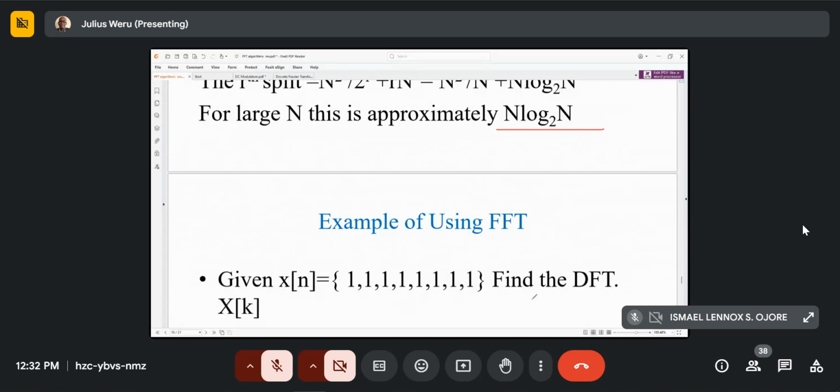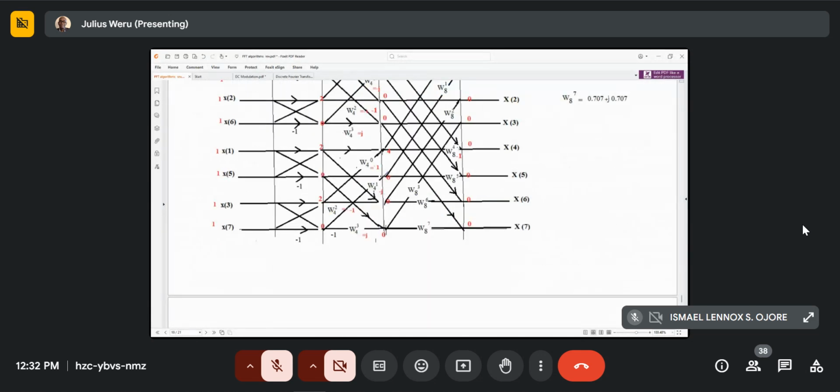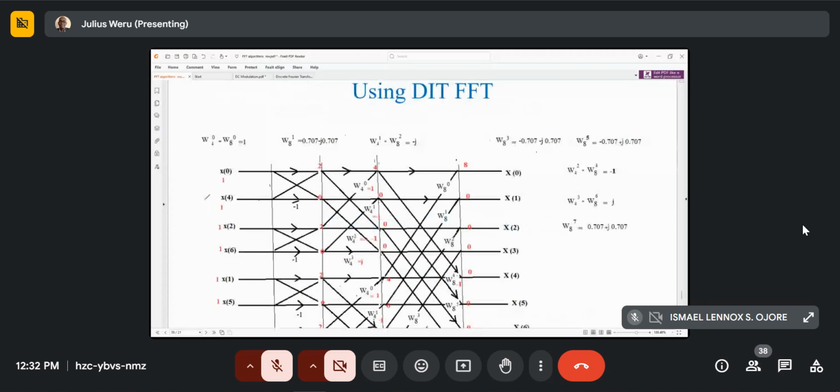Very good, very good. Now, how we use this? When you have everything, now it is easy to see how we will use this. We use a very simple example where all the samples were 1, and if you start from here, you can see that this is 1 plus 1, and this is 1 minus 1, so it is 0.